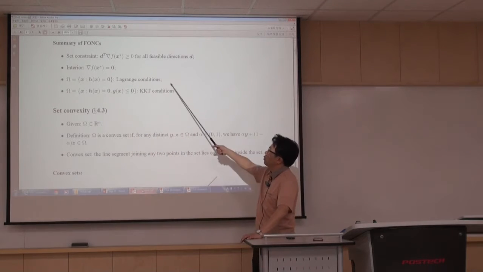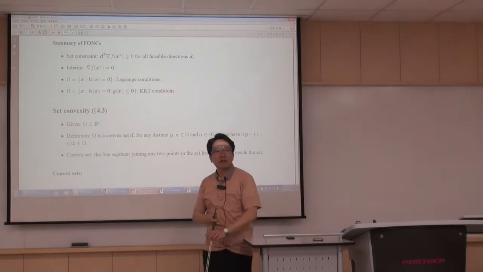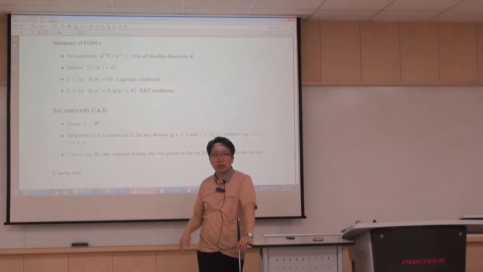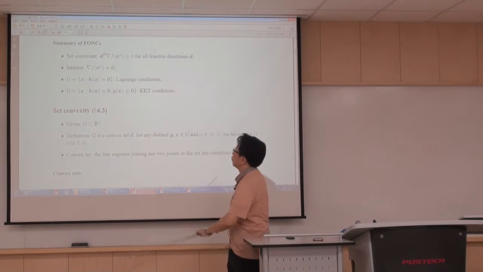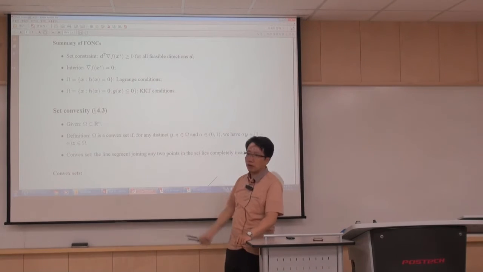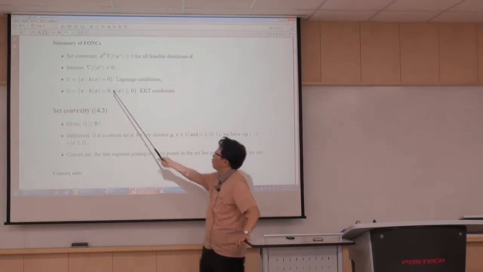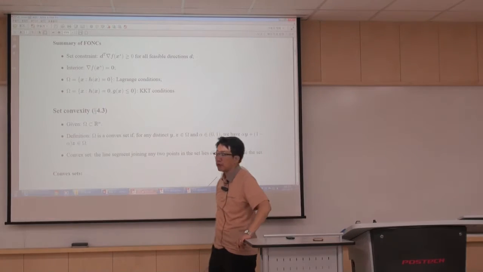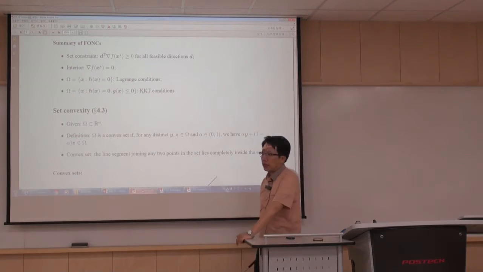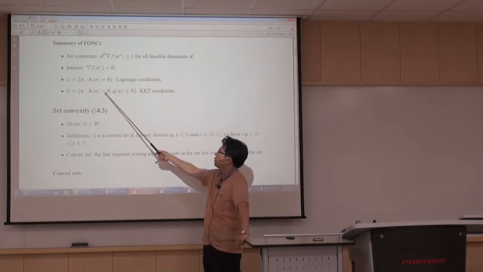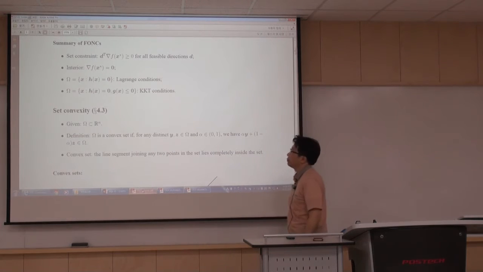Now for these two, we studied them in some of our recent lectures. You remember what the Lagrange conditions are when we have only equality functional constraints, and what the KKT conditions are when we have equality and inequality functional constraints.